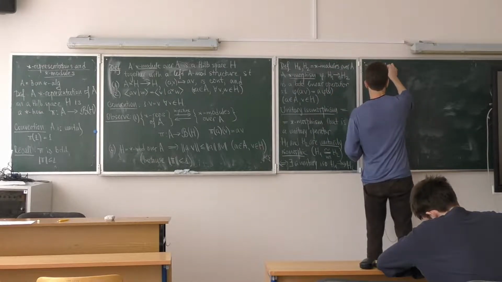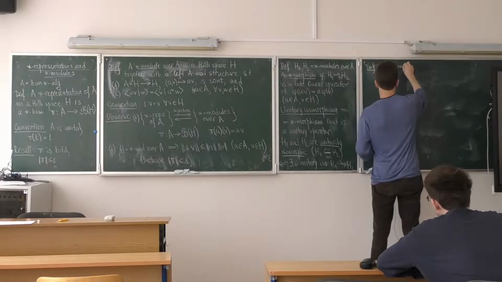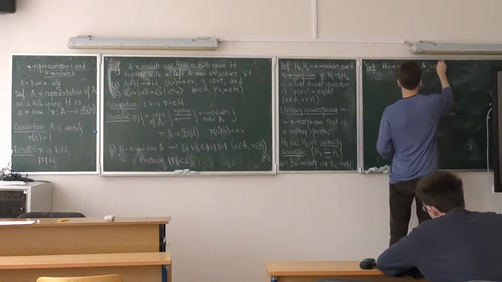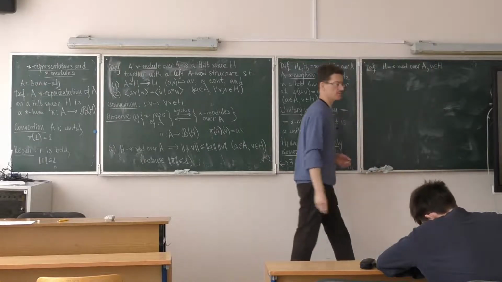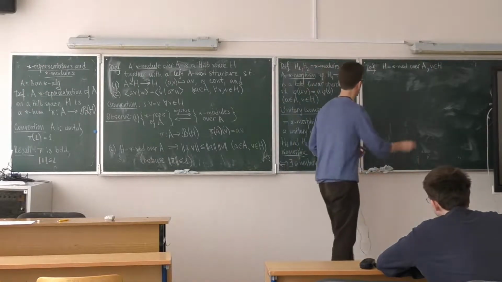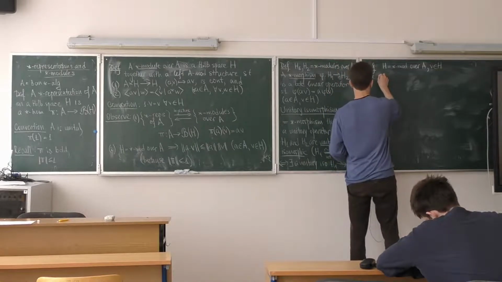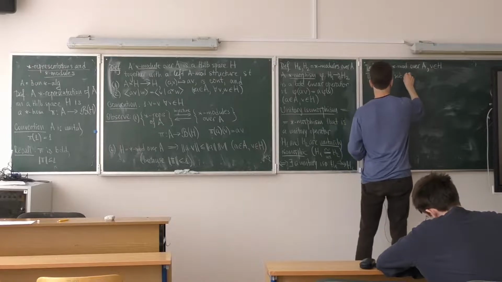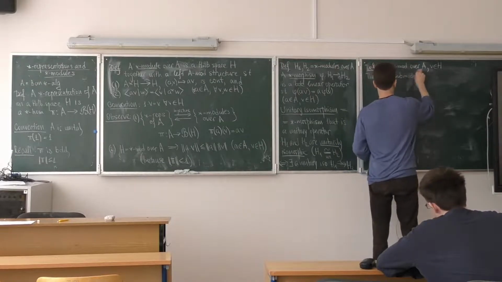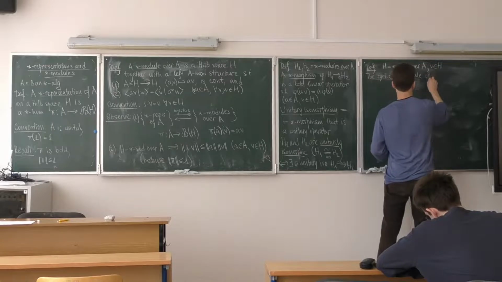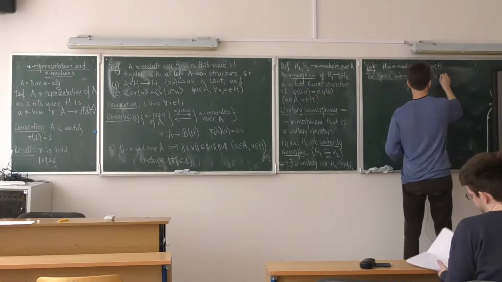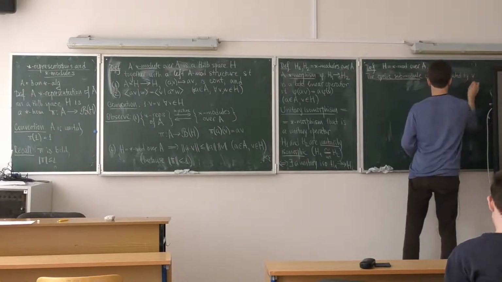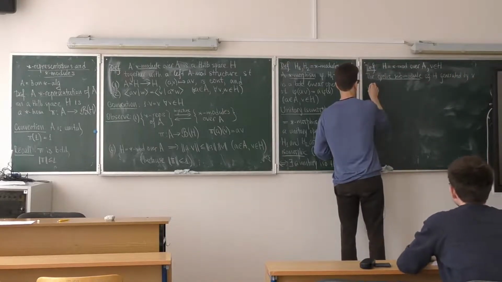So suppose that H is a star module over A, and v is an element in H. We define the cyclic submodule of H generated by v to be the following module.